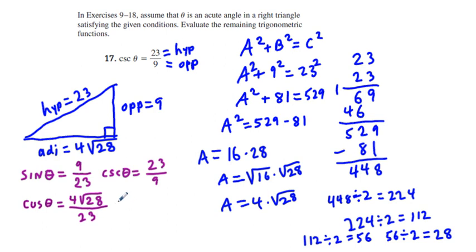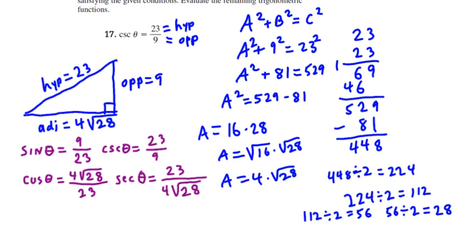Our secant theta is going to be equal to 23, which is our hypotenuse, over our adjacent, which is 4 square root of 28. And now our tangent theta is going to be equal to our opposite, which is 9, over our adjacent, which is 4 square root of 28.